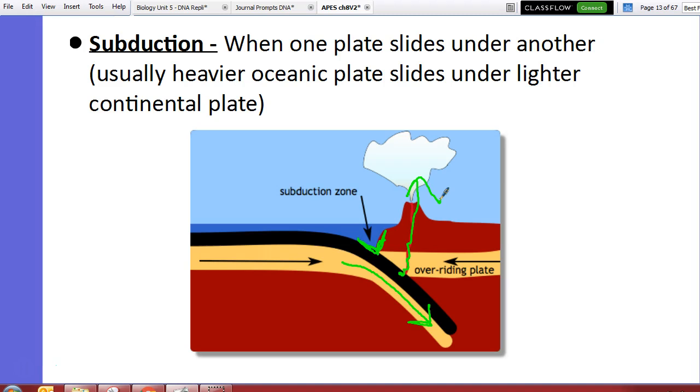Volcanoes are just areas where that lava reaches the surface, and it's typically when these plates move over an area that has magma already coming up, when it moves over a hot spot, okay? So we have to have magma coming up here so that it can melt the plate and then create that magma for the volcano.